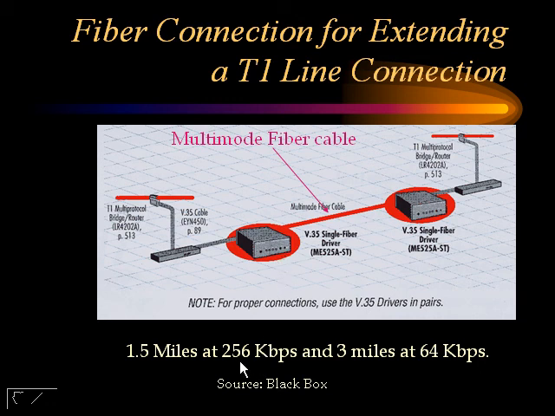In this case, we can extend the connection for 1.5 miles to operate at a speed of 256 kilobits per second, or we might extend the connection to 3 miles to operate at a speed of 64 kilobits per second. Incidentally, this is an older example, meaning that much higher speeds are now possible when nodes are extended over, for example, 1.5 miles.